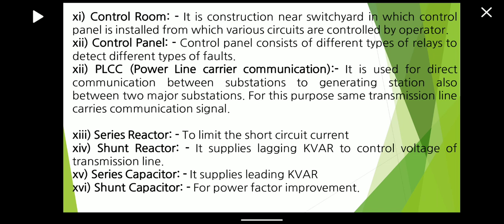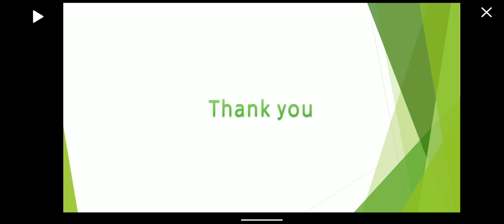The shunt reactor supplies lagging kVAR to control the voltage of the transmission line. Then the series capacitor is used to supply leading kVAR, and the shunt capacitor is used for power factor improvement. So these are the equipments used in the 11 kV substation. Thank you.